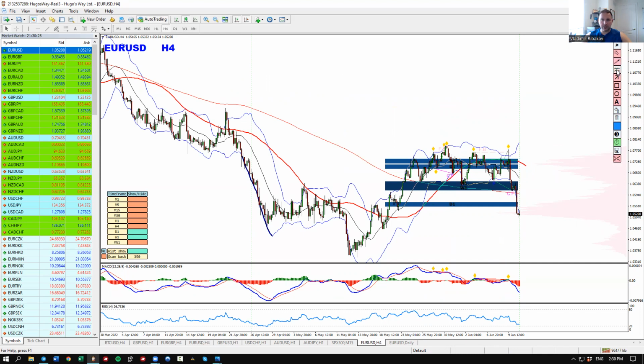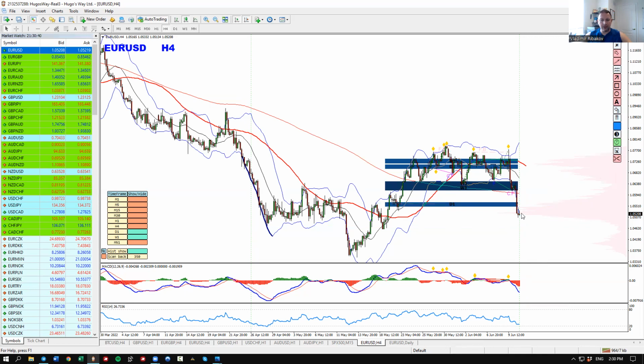So what's next with the euro dollar? Now we are facing an ABCD with a key zone. If it manages to hold here and create reversal signs, it might be a good buying sign.